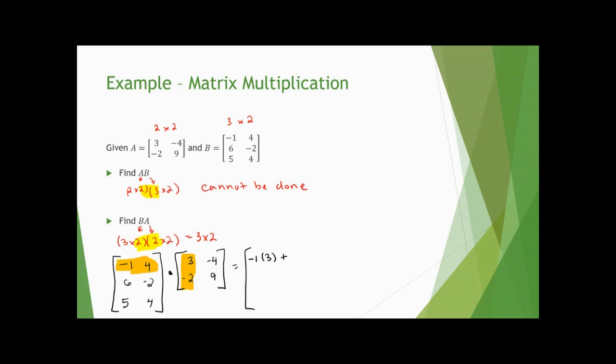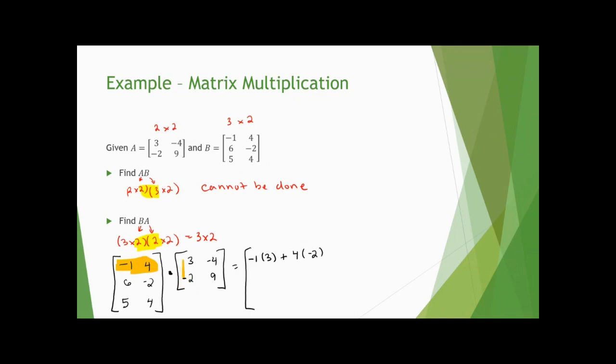And then you add the next part. So the next one is going to be 4, and you multiply it by that -2. So it's the first value in each one multiplied by the second value in the next one. And then you would keep going. So if you had 3 times 3, you would then have to match them up that way. So that's how we get the first entry. You're multiplying and adding to get this entry.